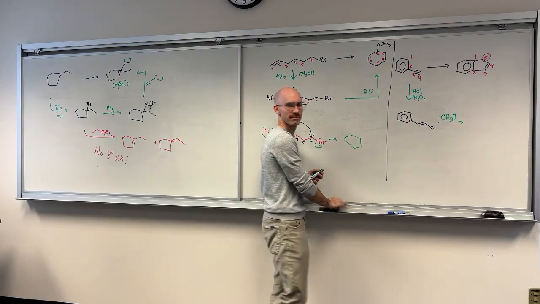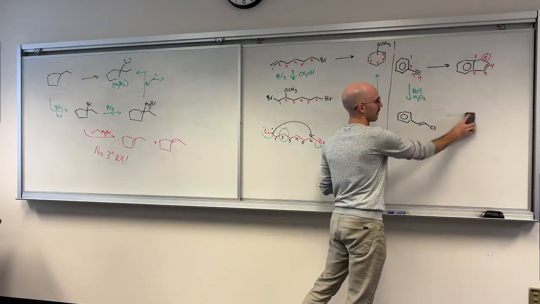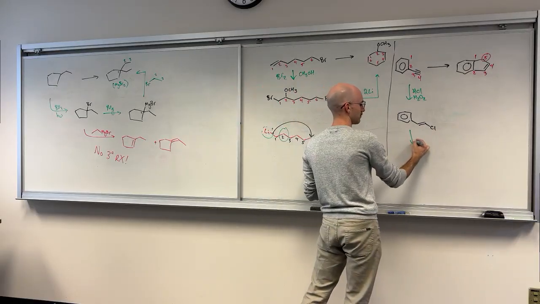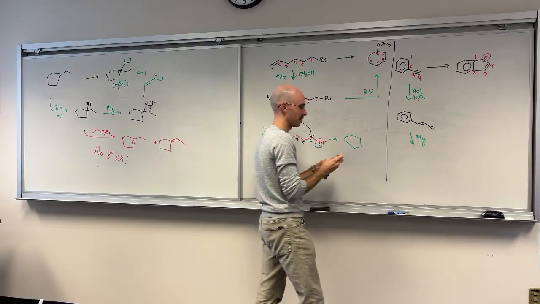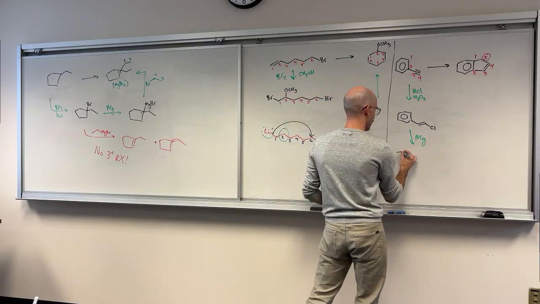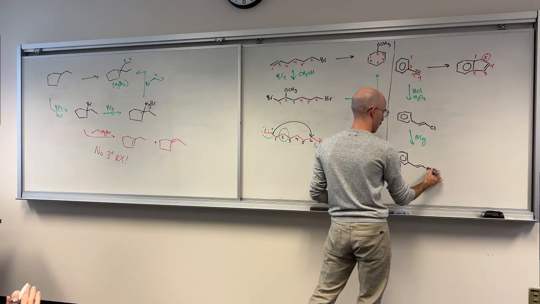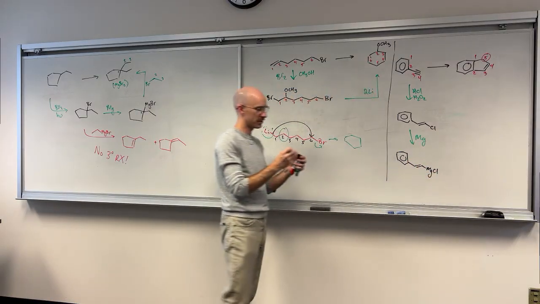You just run acid-base chemistry. I don't have a nucleophile. So now you have to add Mg to make it an organometallic. I'm just jumping ahead of myself thinking I've got the organometallic already. MgCl.